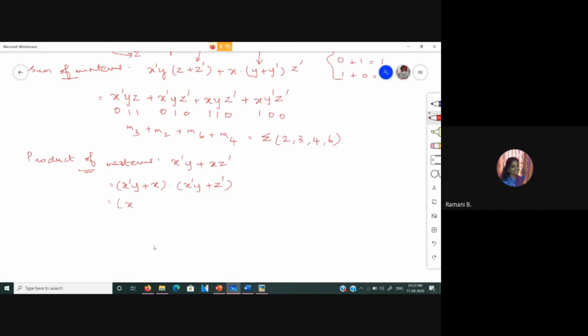Now again applying, this is (x plus x bar) dot (x plus y). I am just arranging it as x, y and z. You can write it as y plus x also, that's not a problem. Then (x bar plus z bar) dot (y plus z bar).